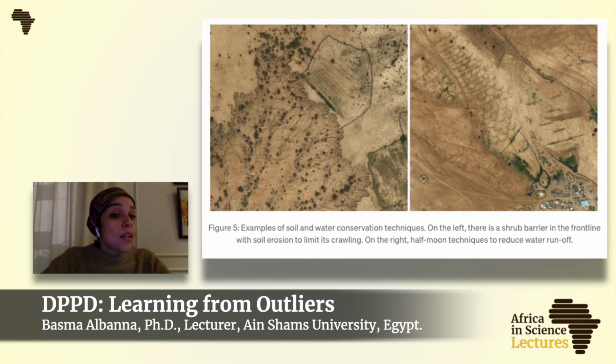And we started seeing some interesting patterns and techniques that were observable using remote sensing data and satellite imagery, such as those half-moon techniques on the right that are known to reduce water runoff. And on the left, you can see a shrub barrier in the front line with soil erosion to limit its crawling.